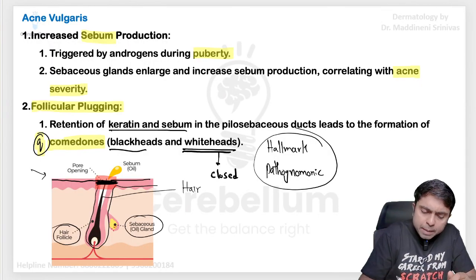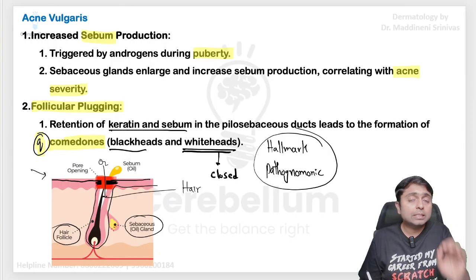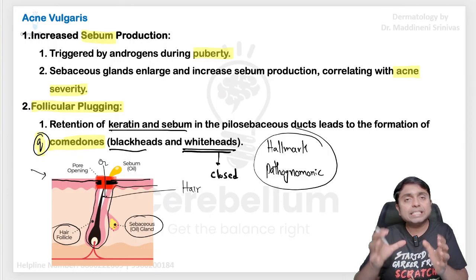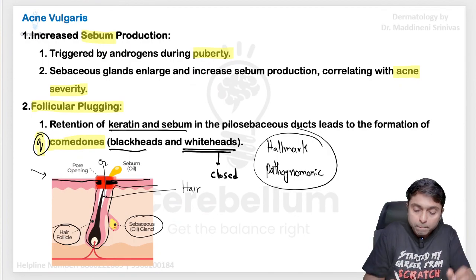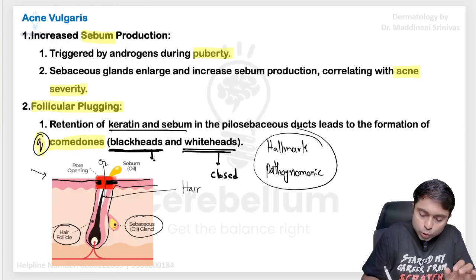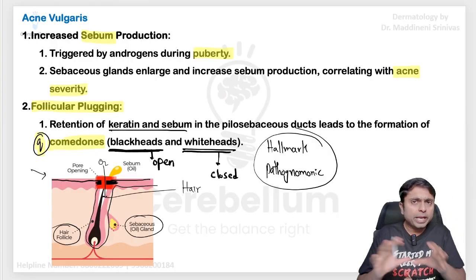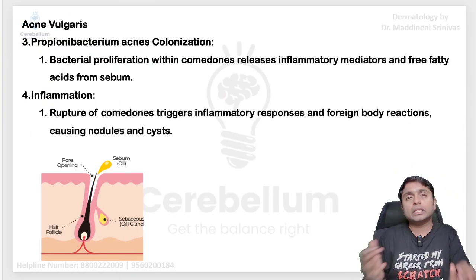Whereas if there is a possibility of atmospheric oxygen gaining entry into this unit, then there will be oxidation of the sebaceous material present inside this pilosebaceous unit, because of which the color of the lesion will become black. So that is the reason why these are called blackheads. These are also called open comedones. So very important points, whatever we have discussed till now, all these are very important if you can write them in the theory examination.